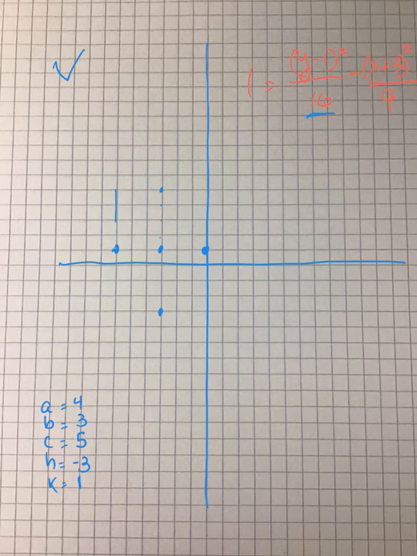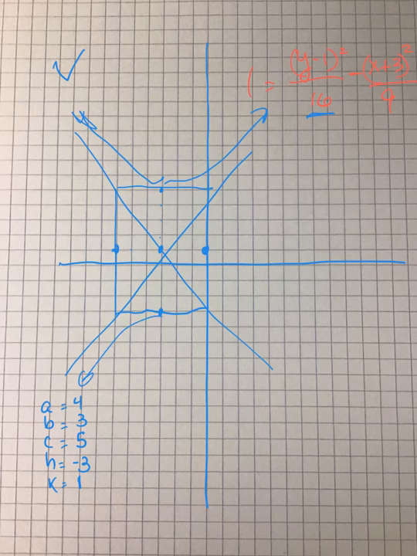And then we draw our box, which is going to be our guide to drawing the hyperbola. And then we go up through the corners, okay? So here, it's going to be a vertical, so we know that the parabola is going to hug the up and the down one.